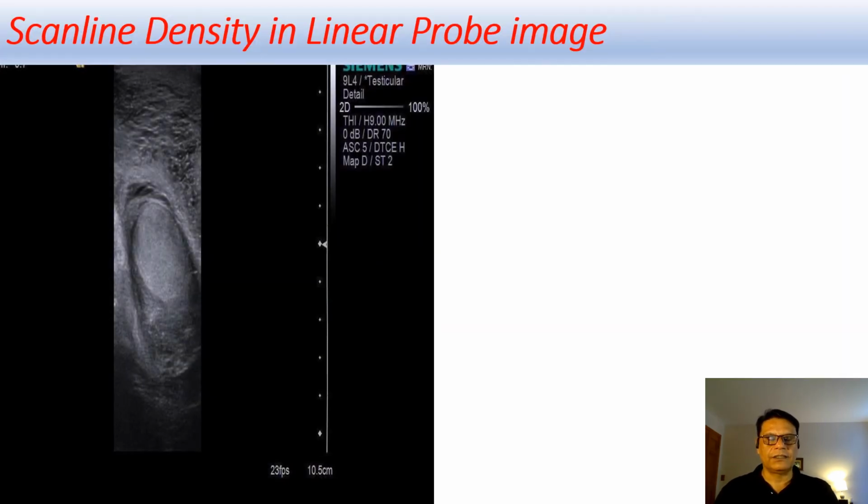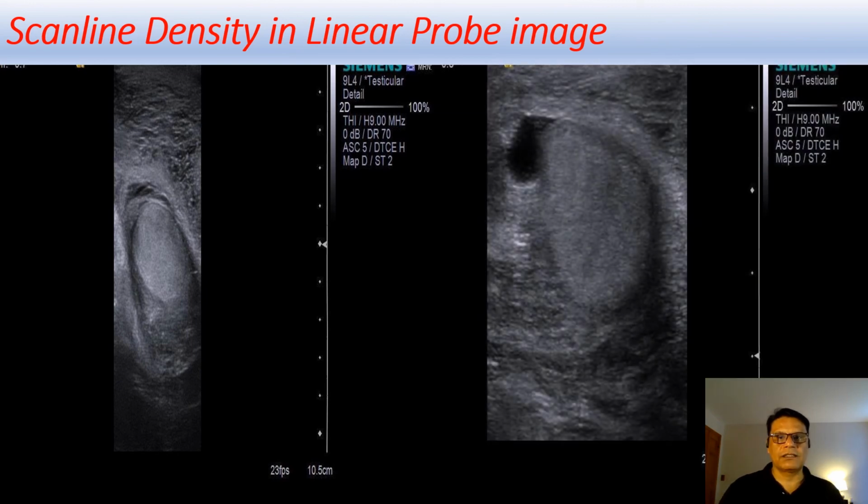Scan line density. We already discussed this again, the scrotal image, and this field of view has more number of scan lines. These are all scan lines as compared to this image.